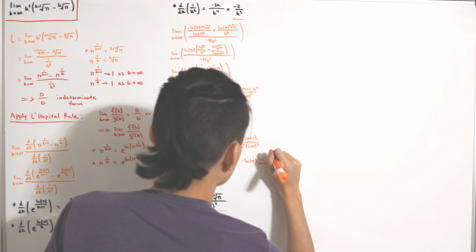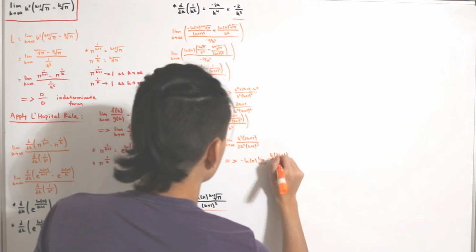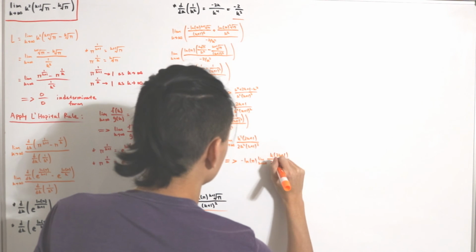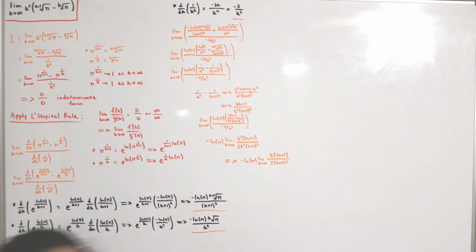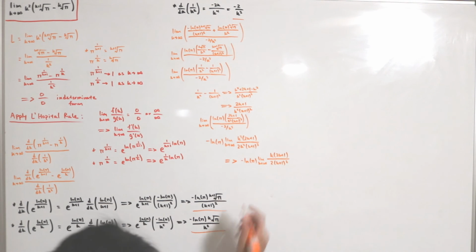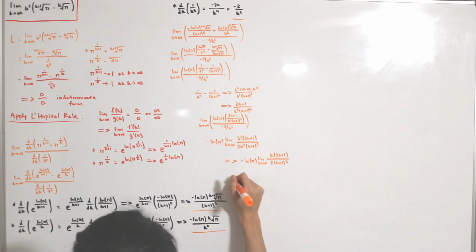So this means we'll just end up with k times 2k plus 1, and then divided by 2 multiplied by k plus 1 squared. Okay, so now next, how about I distribute the k into here and the 2 into the k plus 1 squared.